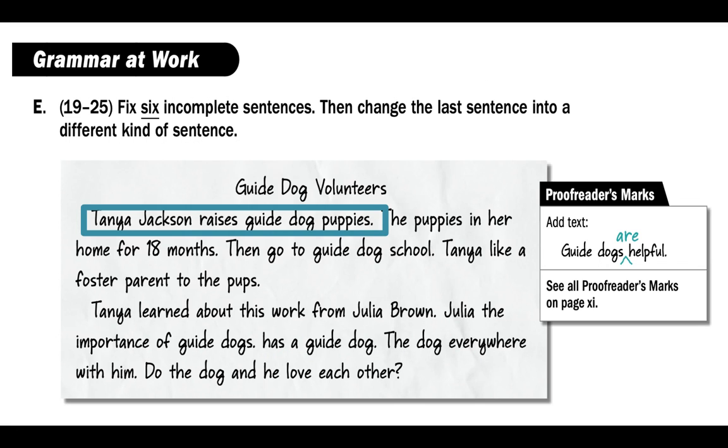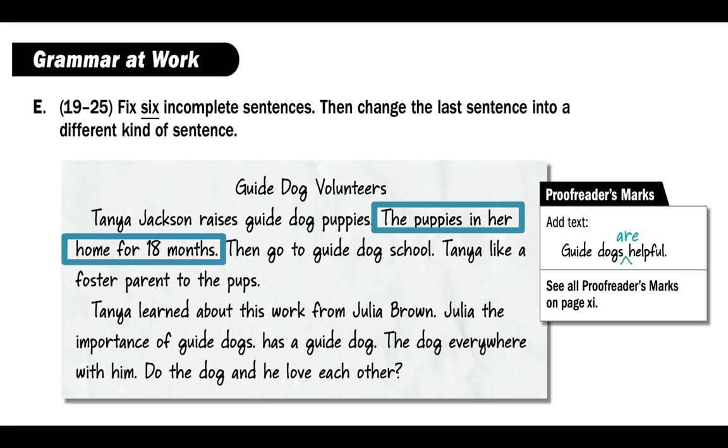Tanya Jackson raises guide dog puppies. There are no errors in this sentence. The puppies in her home for 18 months. We know the subject of this sentence, the puppies, and we know a detail, in her home for 18 months. But what we don't know is the action of the puppies in her home for 18 months.